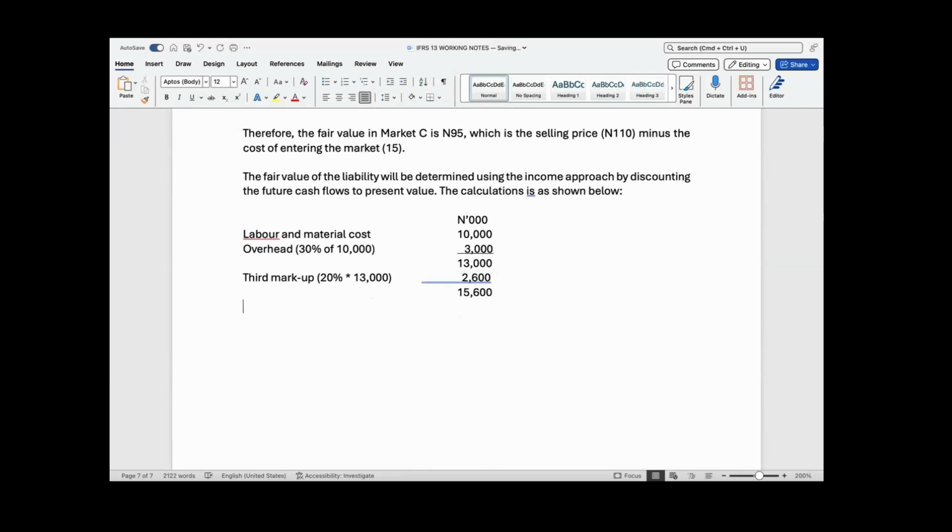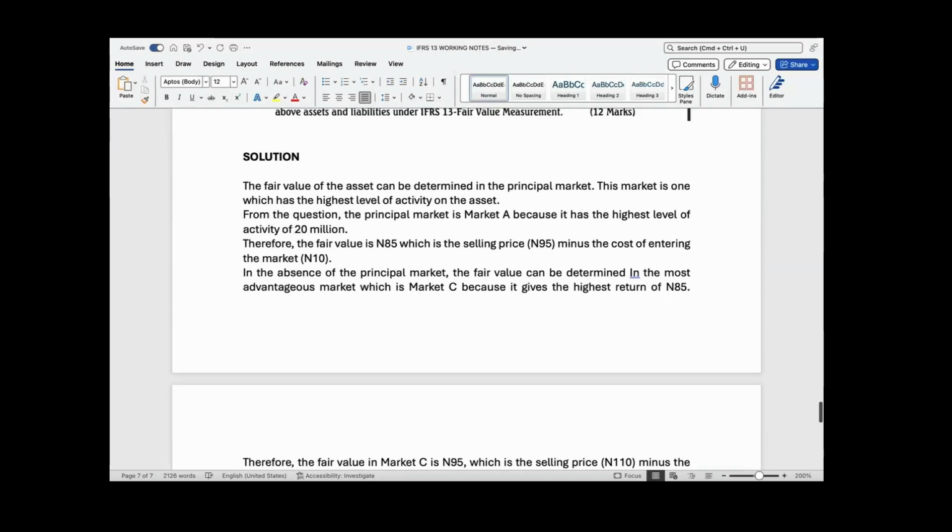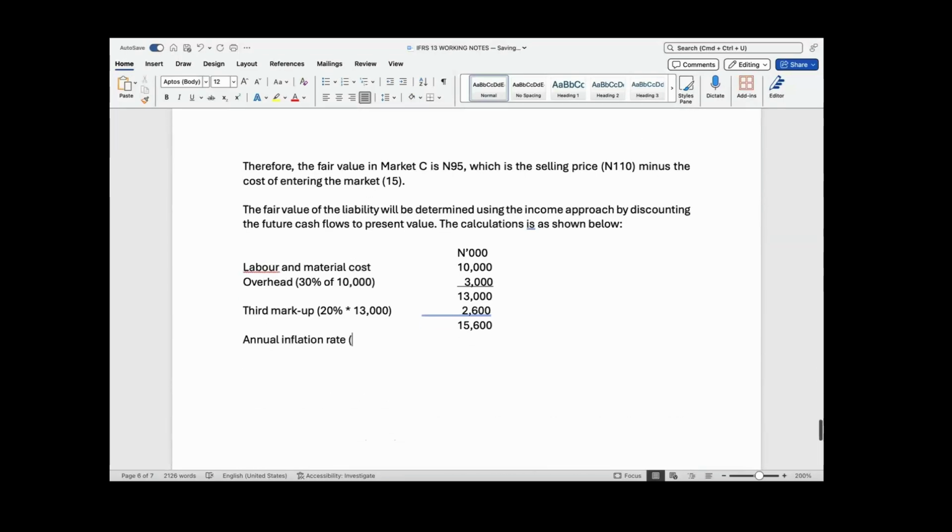So if I do annual inflation rates at 5%, that means I'm saying let me increase this 15,600 by 5% every year. So it's like you want to get the future value of that amount. So how would you do that?